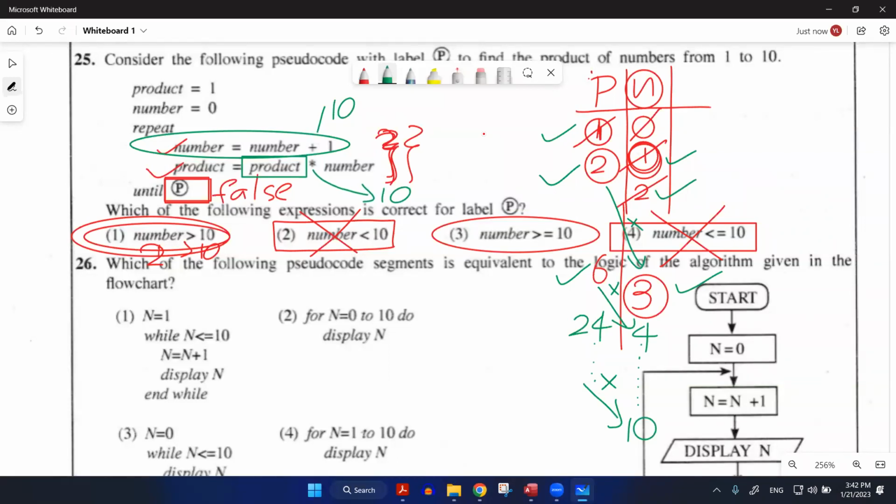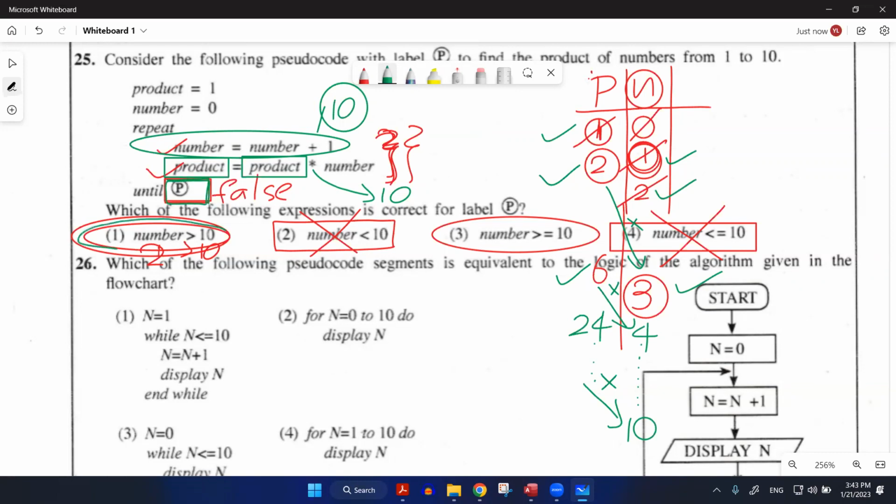So that gives us the final answer for the product, because product is there to calculate the multiplication of the first 10 numbers from 1 to 10. Now, when the value of number is 10, we have to stop the iteration. Otherwise, the number will increase to 11. Then 11 will be multiplied by the product, which will jeopardize the answer. So number is 10.